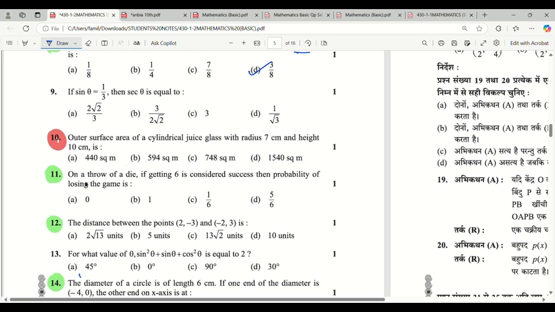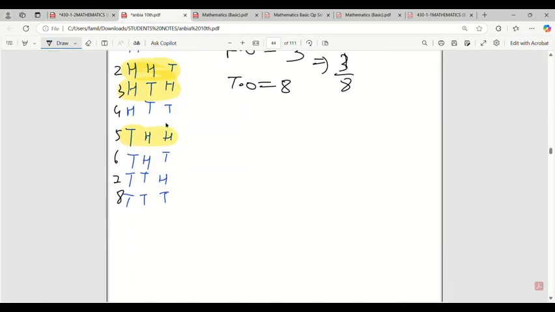Now, on a throw of a die, getting 6 is considered as success. Then the probability of losing the game. See, success is considered only when we are getting 6. If you are getting 6, the success is considered.